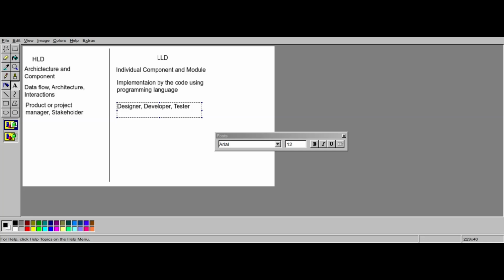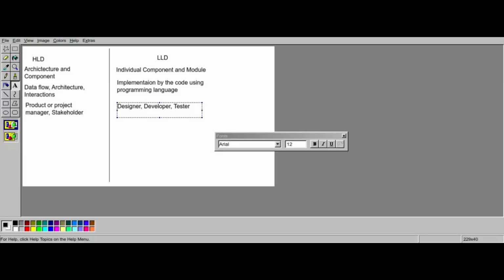Low level design, according to the high level design, is the implementation of the design using a programming language like HTML, CSS, or a framework like React, Angular, Vue.js. This is the low level design. And who is responsible? Developers, designers, testers. It's the implementation part. Low level is the implementation part, high level is the flow part, the architecture part.